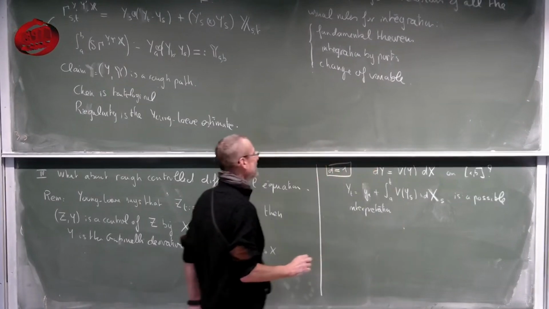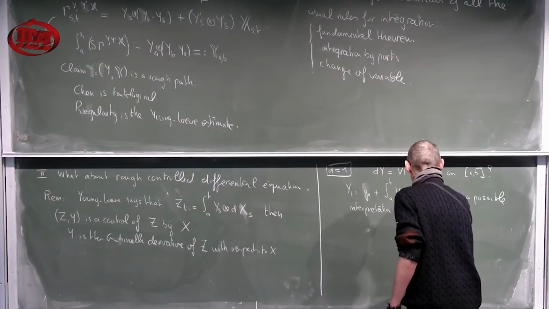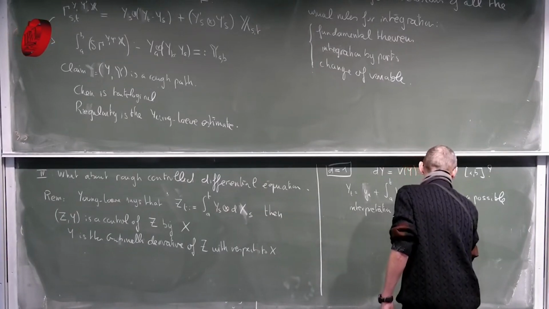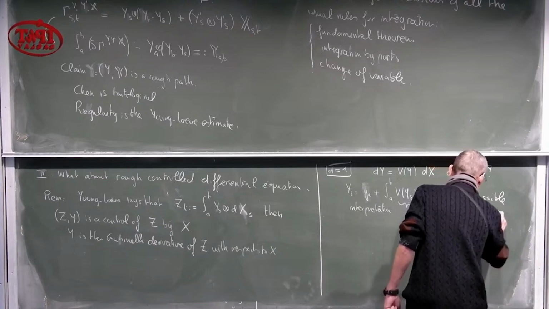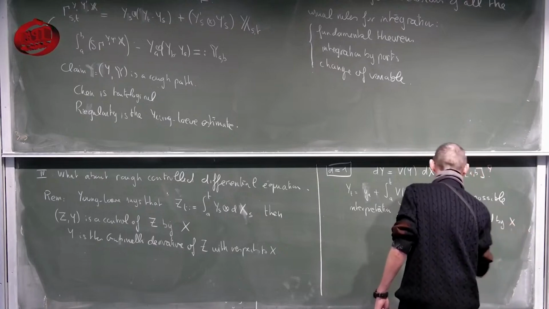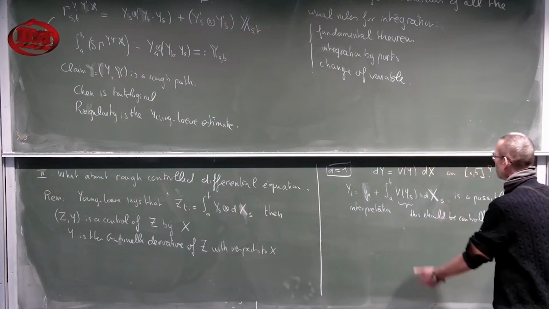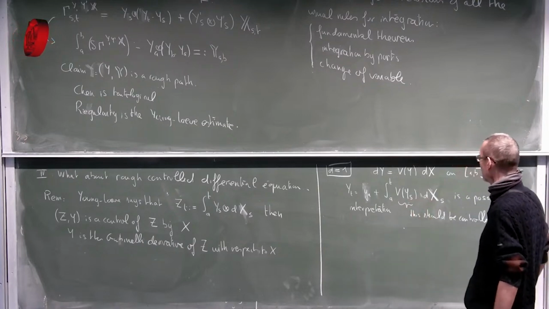Now we are not already safe, because for this to make sense, this should be controlled by x, which is complicated because we don't know. If I input any y there is no reason that it's going to work.